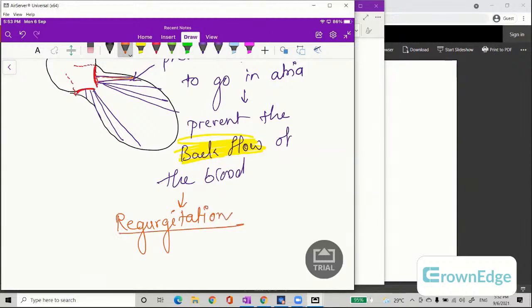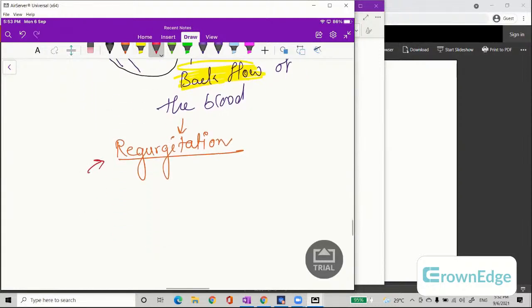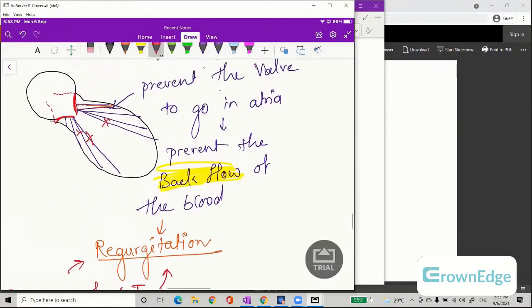Sometimes, due to trauma or some injury or infections, the chordae tendineae rupture. If rupture of the chordae tendineae occurs, then the backflow cannot be prevented, and then regurgitation, that means abnormal backflow of the blood from the ventricle into the atria, will happen.